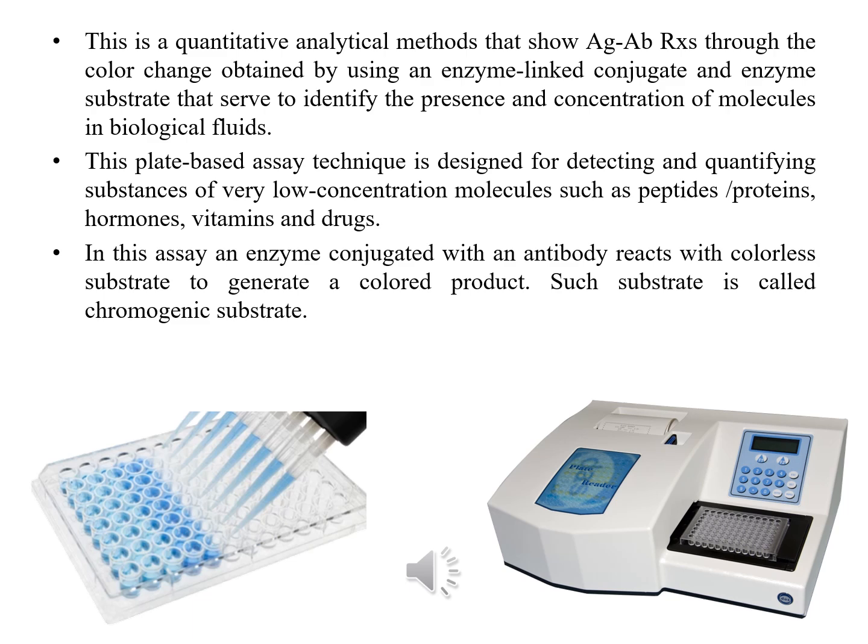This plate-based assay technique is designed for detecting and quantifying substances of very low concentration, such as peptides, proteins, hormones, vitamins, and drugs. In this assay, an enzyme conjugated with an antibody reacts with a colorless substrate to generate a colored product. Such a substrate is called a chromogenic substance.